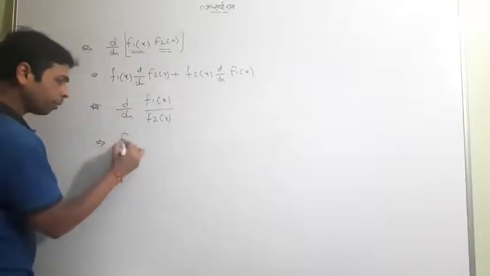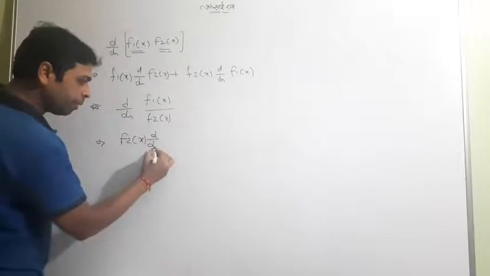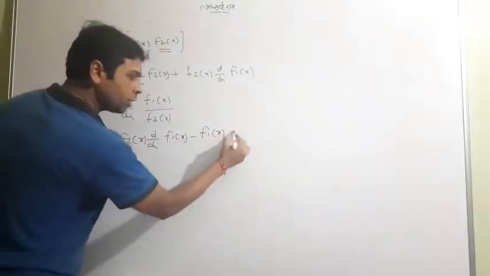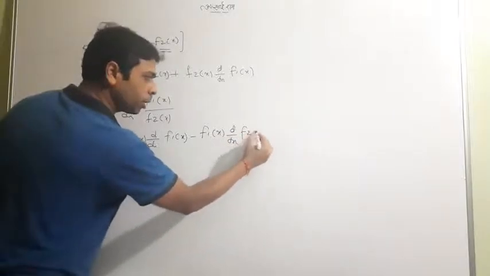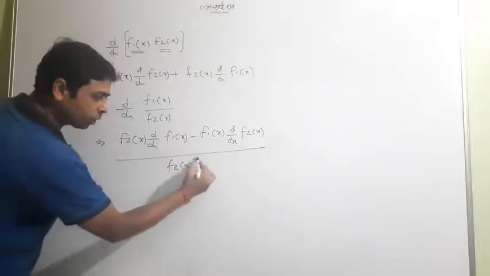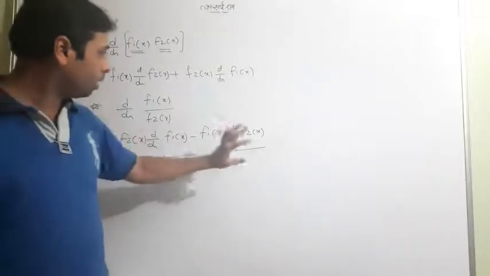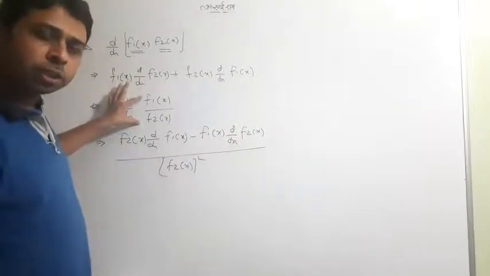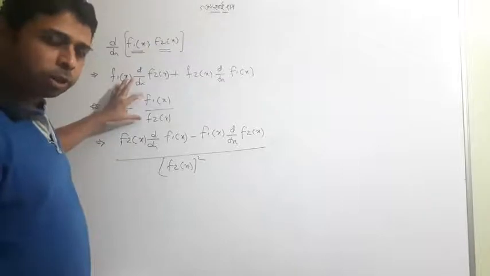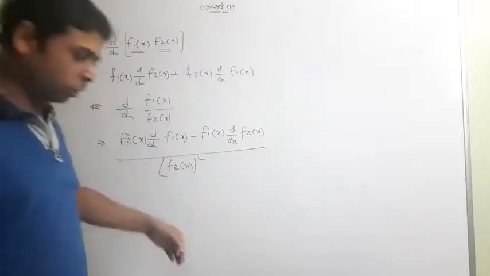We start with the denominator as it is, d by dx of the numerator, minus the numerator as it is, d by dx of the denominator, and upon the square of the denominator. So this is the formula for a function which is in division. This is the multiplication concept and this is the division concept. Further, whatever questions of this kind come, we will use it.